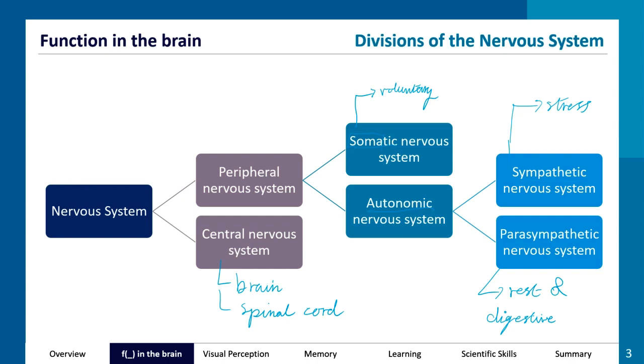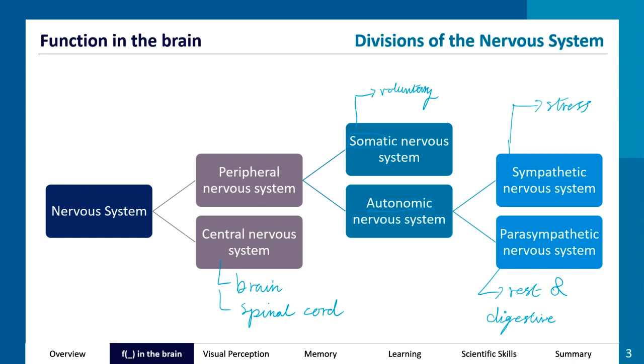So you should remember a few examples of differences in how different parts of the body react when the sympathetic nervous system is dominant compared to the parasympathetic nervous system. For example, with how dilated our pupils are, we would expect our pupils to be more dilated, so the pupil appears larger, or you could also frame it as the iris constricting, when the sympathetic nervous system is dominant.